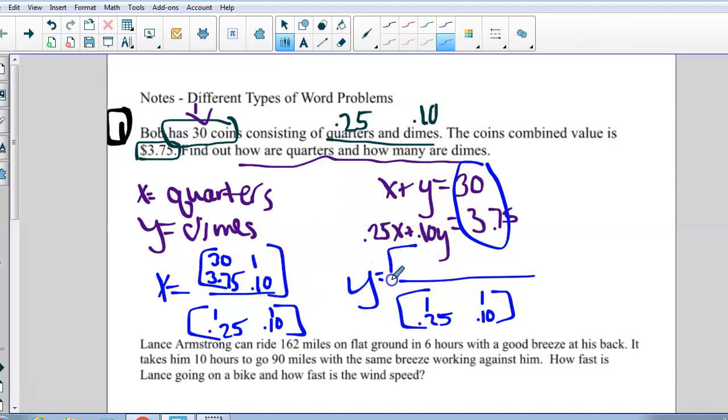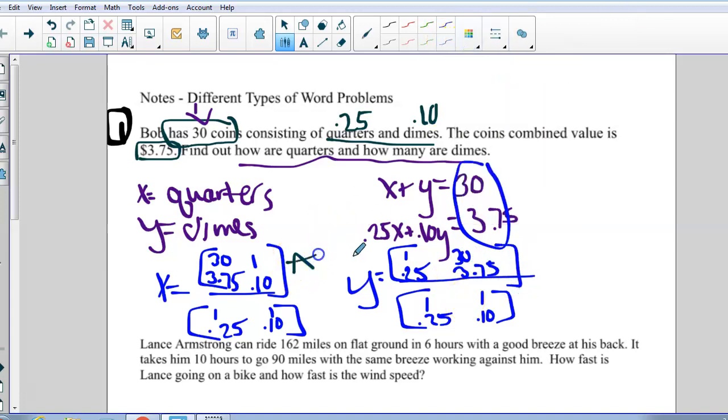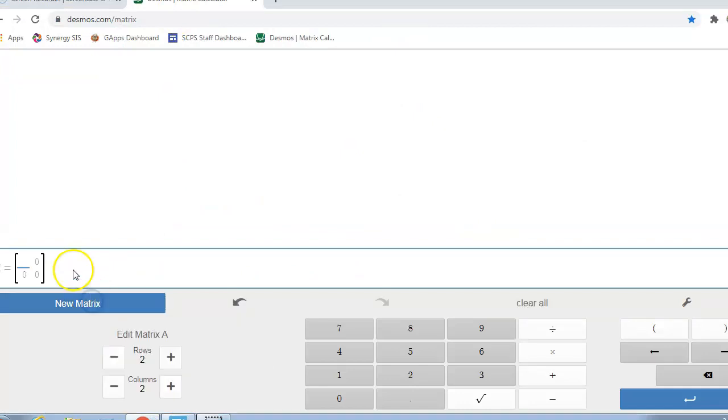And then for my y values, for the top, I'm going to have my A column, so 1 and 0.25 with 30 and 3.75. Once I have these, I know that I have a matrix A, B, and C. And I can come over to Desmos and type in new matrix.